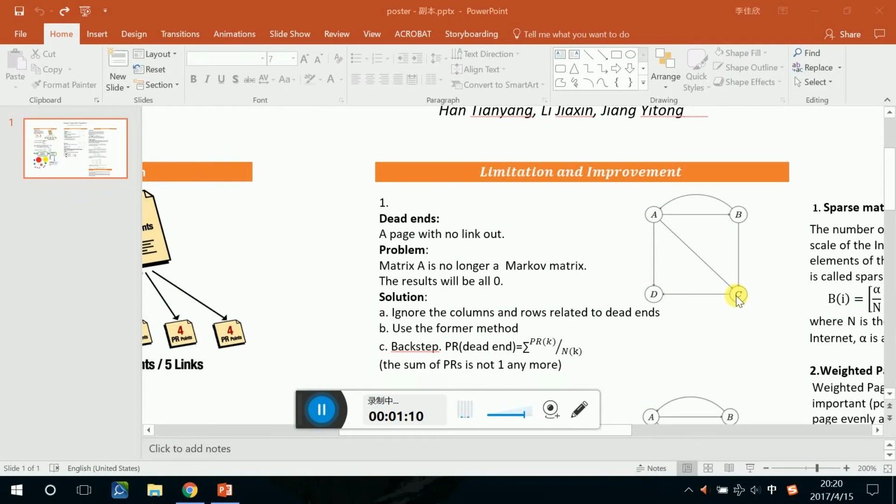We need to remove C as well. Then we use the normal methods. After that, we backtrack. We get the PageRank of a dead end from the PageRanks of non-dead ends using this equation. Notice that now the sum of PageRanks is not 1 anymore.